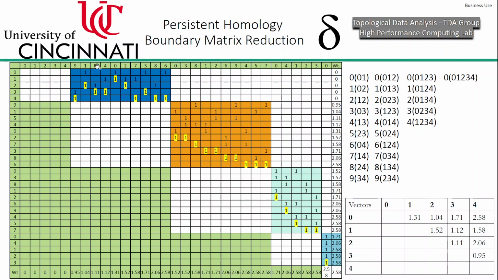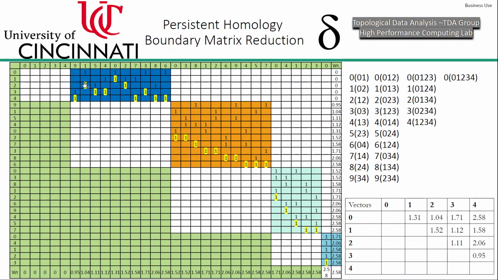When you sum it up, you take the modulo 2. 1 plus 1 is 2, 2 modulo 2 is 0, so it becomes empty. 0 plus 1 is 1, so here comes 1. 1 plus 0 is 1, so here comes 1, 1. Now this becomes the pivot, this has already become 0, so 1 and 1 comes again in its path.